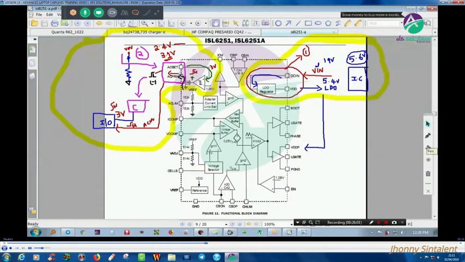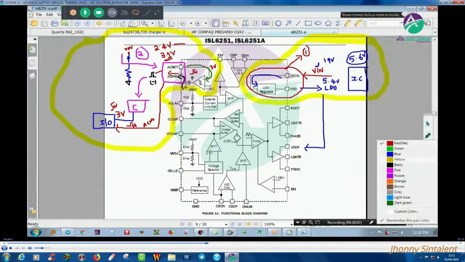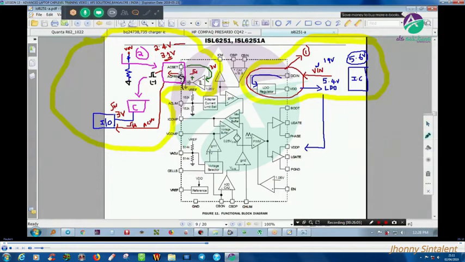Now listen carefully. Coming back, when the low drop output is released, listen carefully. When the low drop output is released, you can see here VDDP. From where did it come? It came from here.